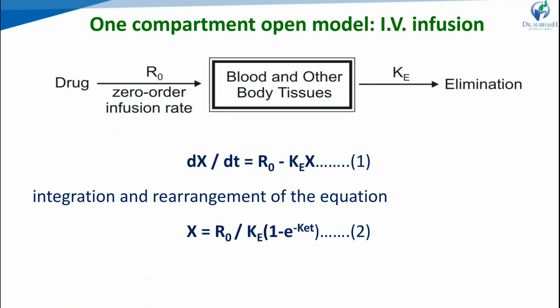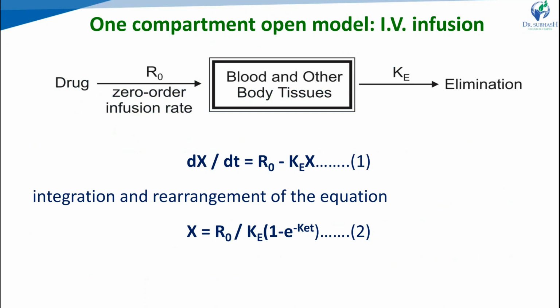That is when IV infusion is used, other than the IV bolus or rapid IV injection. In that case, we have to consider the absorption phase and the elimination phase. The model can be represented so: the drug reaches the blood or other tissue by a zero order infusion rate, R0, and the elimination phase follows first order kinetics, represented by Ke.